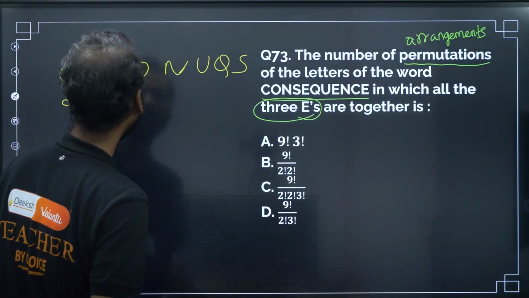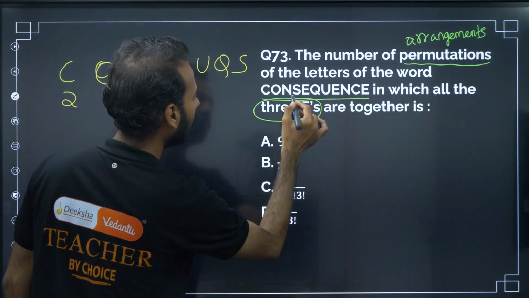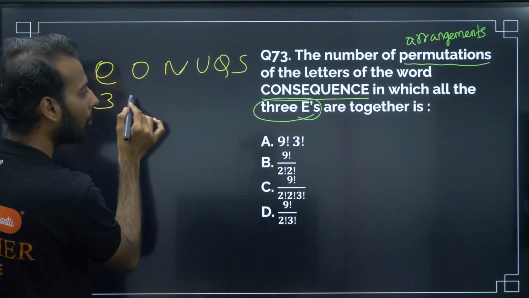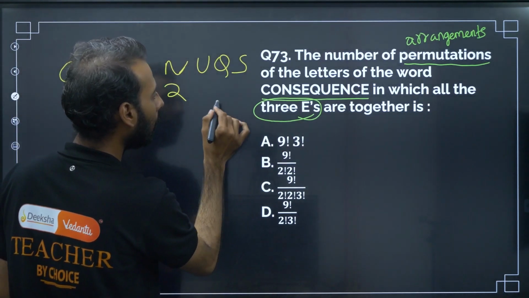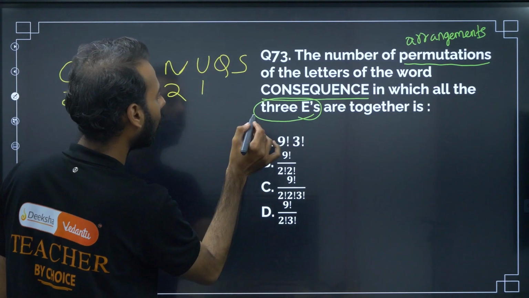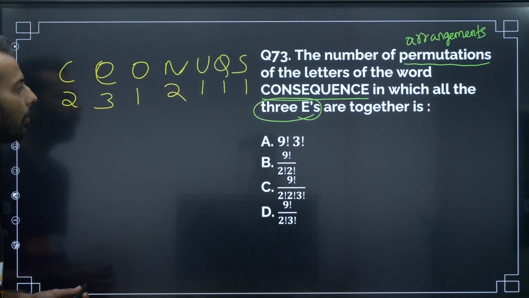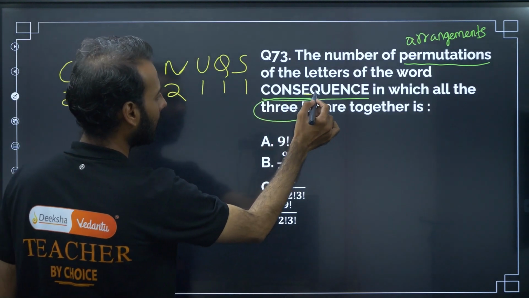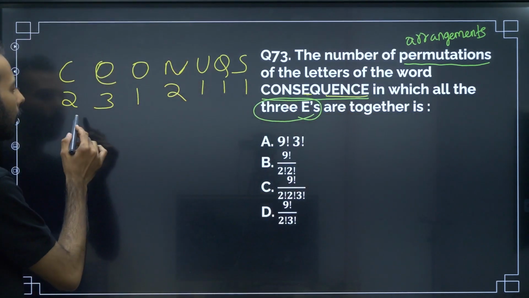How many E? 1, 2, 3, 3 E's. How many O? Only 1 O. How many N? 2 N. How many U? Only 1 U. How many Q? Only 1 Q. How many S? Only 1 S. So we'll check how many letters: 3, 6, 10.